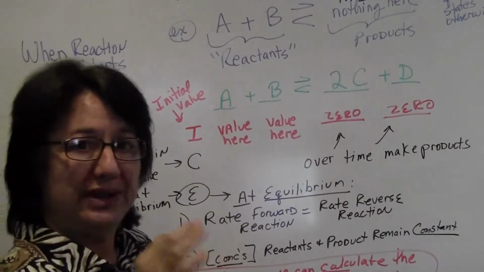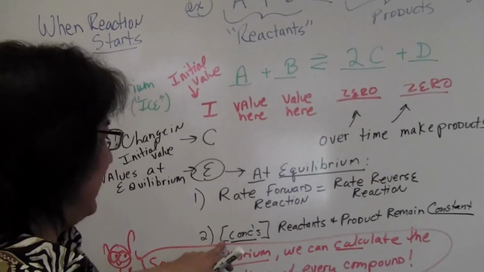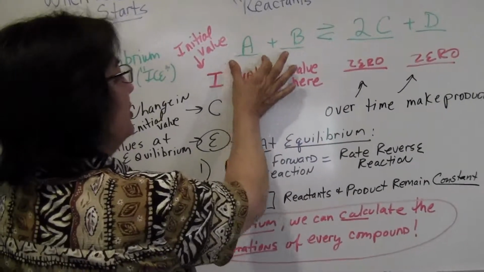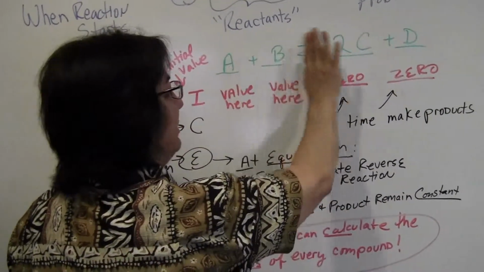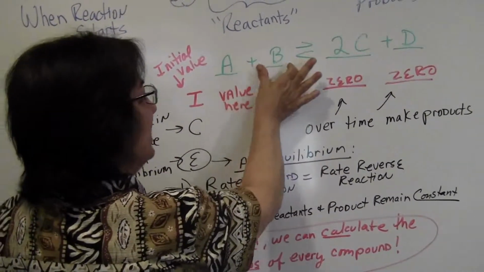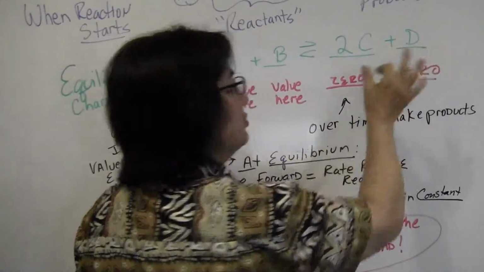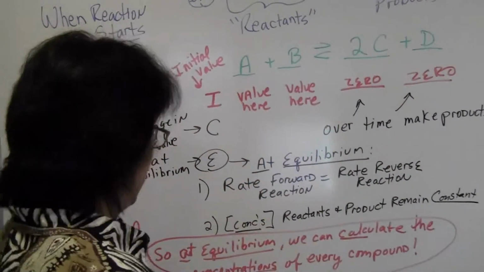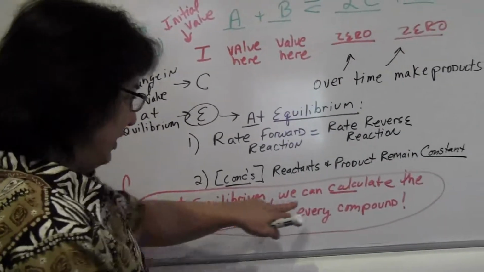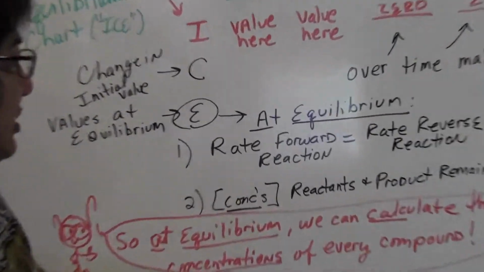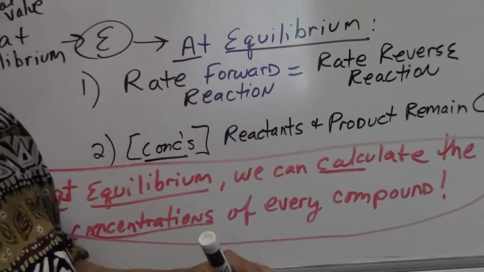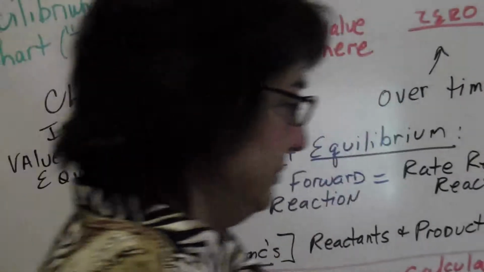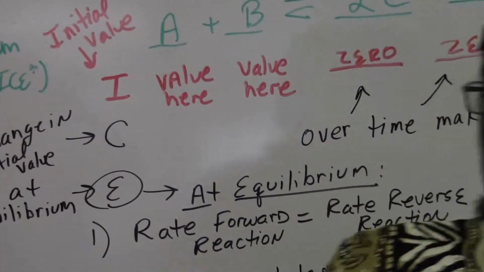But what's more pertinent at this point is to understand that once you reach that forward-backward rate being equal, the concentrations of these compounds will remain the same. So at equilibrium, we can calculate the concentrations of every single compound when equilibrium is reached. So let's see how to do that.